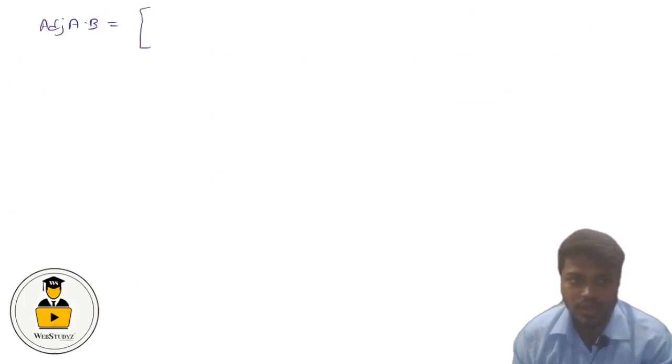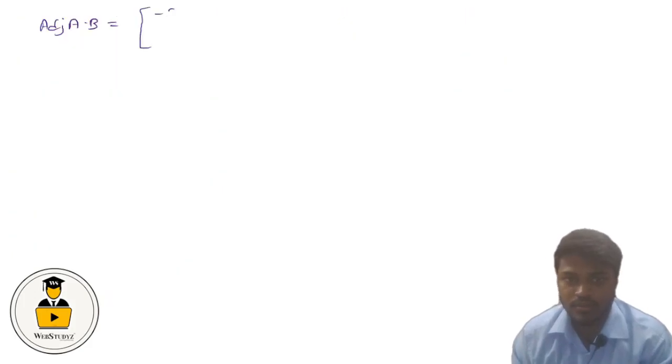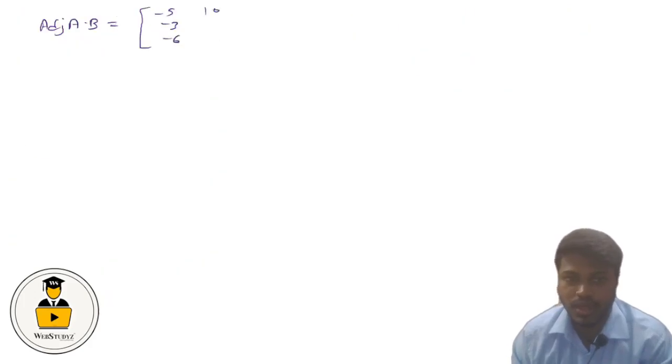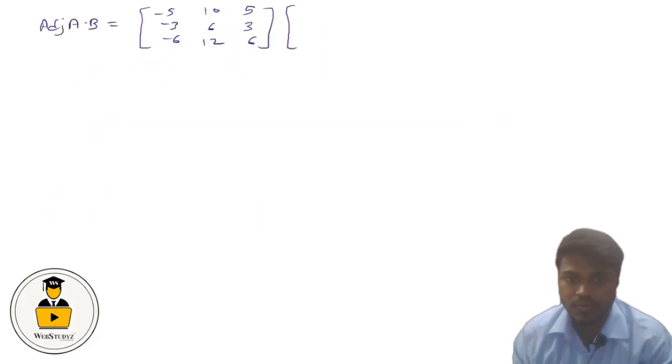So adjoint of A is minus 5, 10, 5, minus 3, 6, 3, minus 6, 12, 6, times B, which is 2, minus 1, 3.